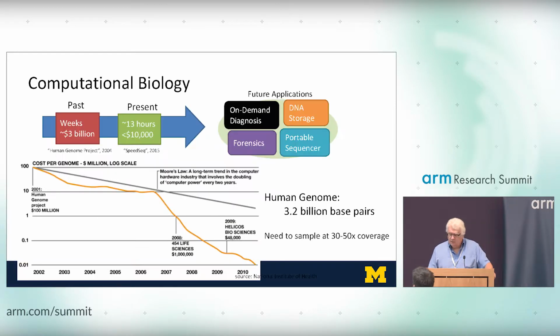So here's something many of you have probably seen before. It's the story about genomics and computational biology and how they're quite proud of the fact that they beat Moore's law. My view is they came off of such a low base they couldn't help. But anyway, they've accelerated.